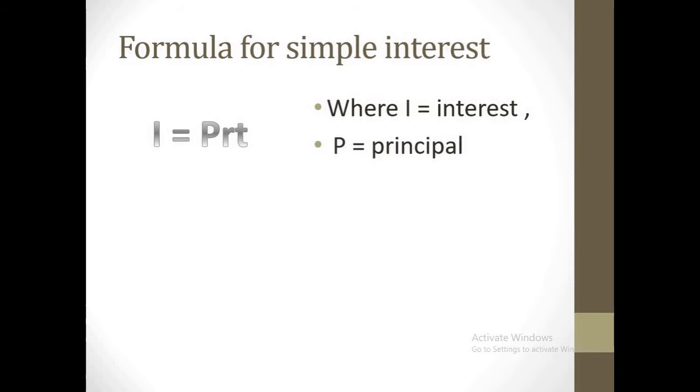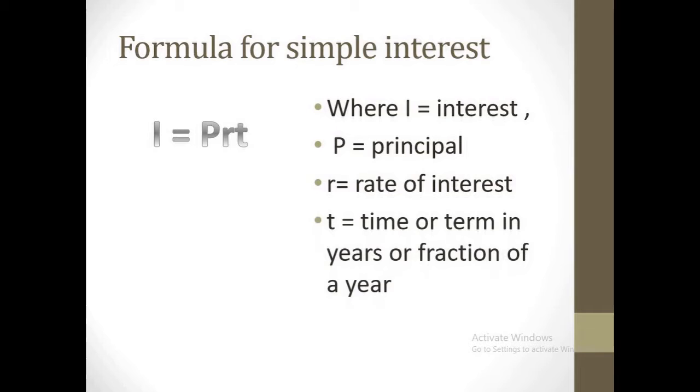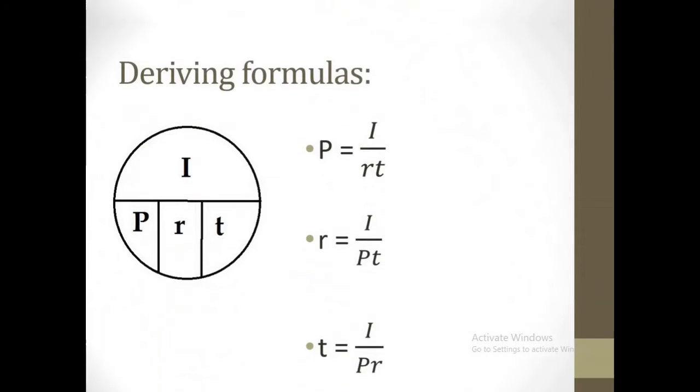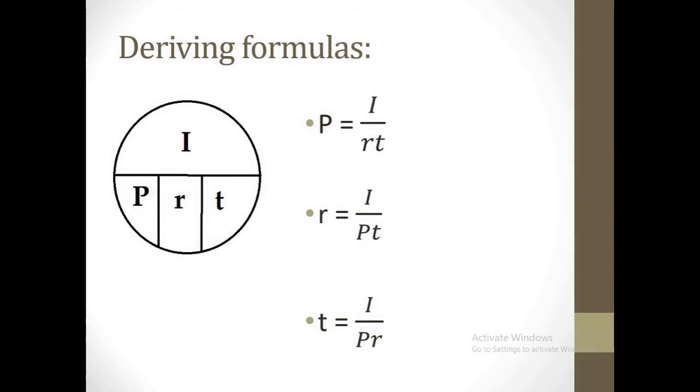Formula for simple interest. I is equal to P multiplied by R multiplied by T, where I is the interest, P is the principal, R is the rate of interest, and T is the time or term in years or fraction of a year. Let's derive formulas.